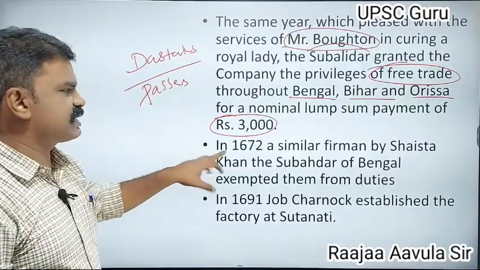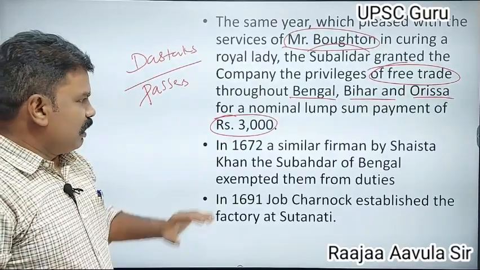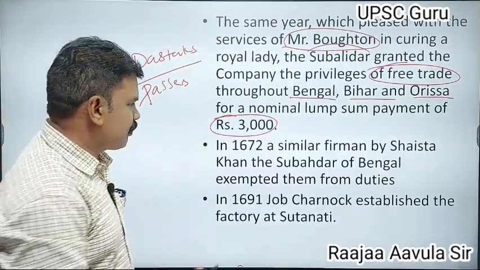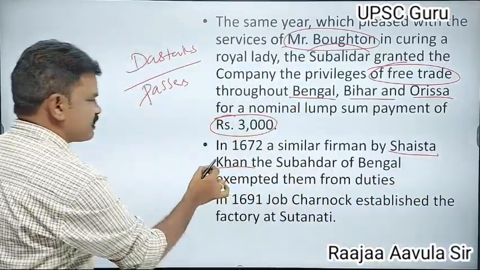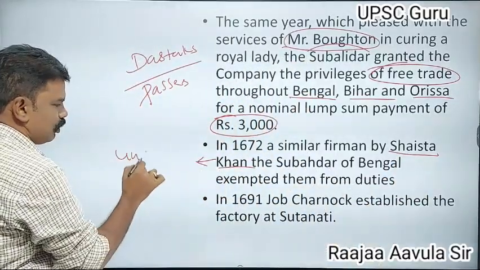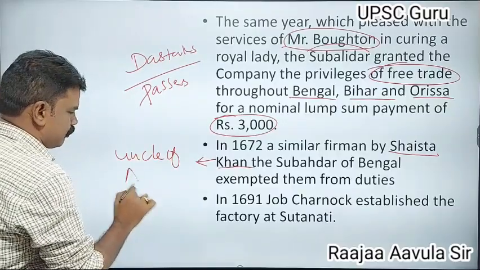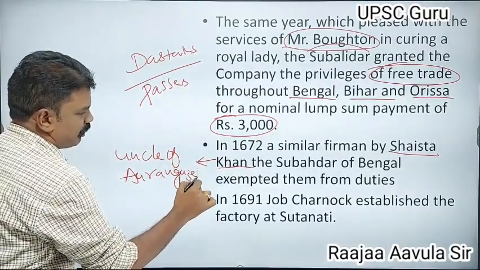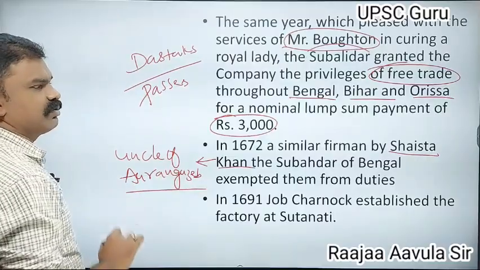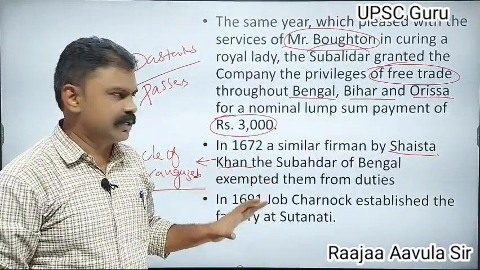After this, in 1672, a similar Farman was given by Shaista Khan. Who was Shaista Khan? Shaista Khan was the uncle of Aurangzeb. He was working as a Subedar of Bengal during the Aurangzeb period.